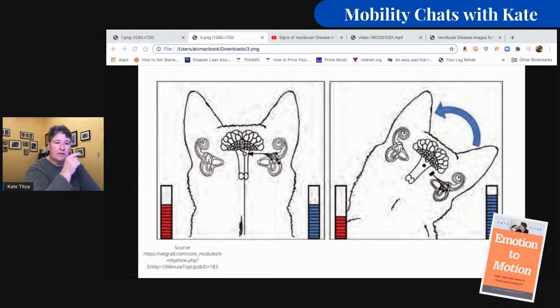So the higher input is from the side where I'm moving, right? And it'll be away from the lower input side. So as I move this way, there's less input from my inner ear here and more input from my inner ear here. So same thing happens with your dogs. So why does that matter?